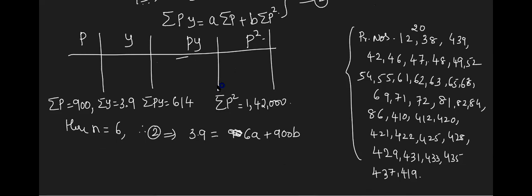Next equation, summation py is 640, equal to a into summation p, 900a, plus b into summation p square, 1,42,000 b. Okay, solve it. Tell me the a and b values.